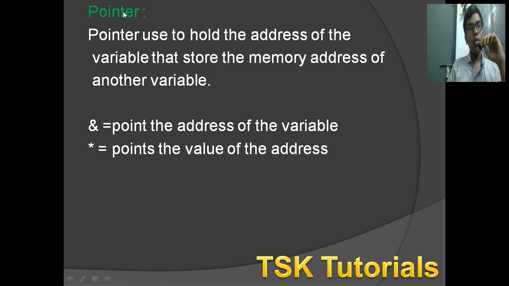And there are two notations that we use to get the output from those addresses, that is the ampersand and the asterisk. The ampersand is used to point to the address. If I have to get my address, we have to use the ampersand. If we have to get the value stored in a particular address, we have to use the asterisk symbol.